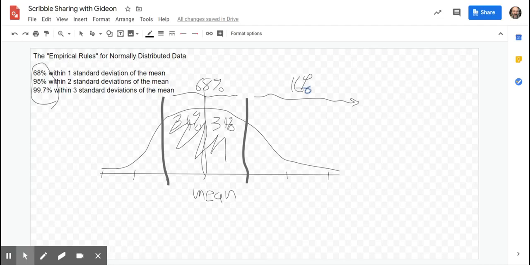It might be the average WGU student sleeps 5.5 hours a night, and the standard deviation is an hour. So ask it the other way: how long do the top 16% of sleepers sleep? Sleepers that are WGU students sleep in hours.